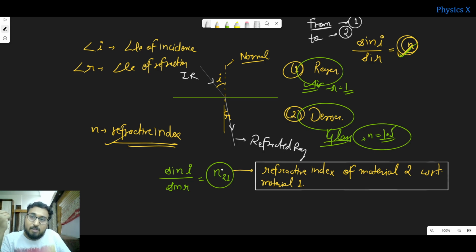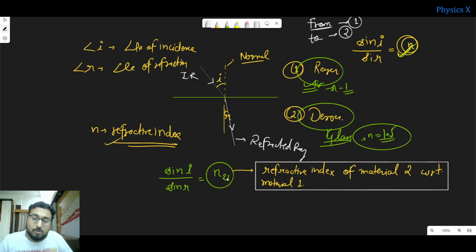So always we write refractive index like this. According to your textbook, I am using the same notation so that there won't be any confusion. Because in different reference books, there are different methods of representing this refractive index. So it is better to follow what is mentioned in your textbook.